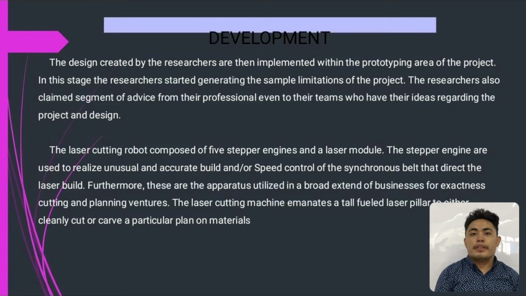The development. The study discussed the development of the laser cutting robot that can cut and imprint mass materials that are often used for planning and trading. The laser diode is set and controlled on the three-dimensional pivot direction X, Y, and Z axis, which are powered by stepper engines.